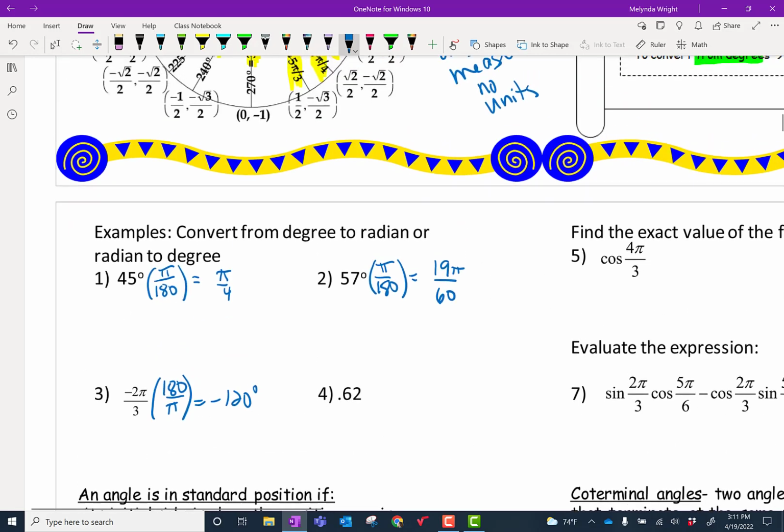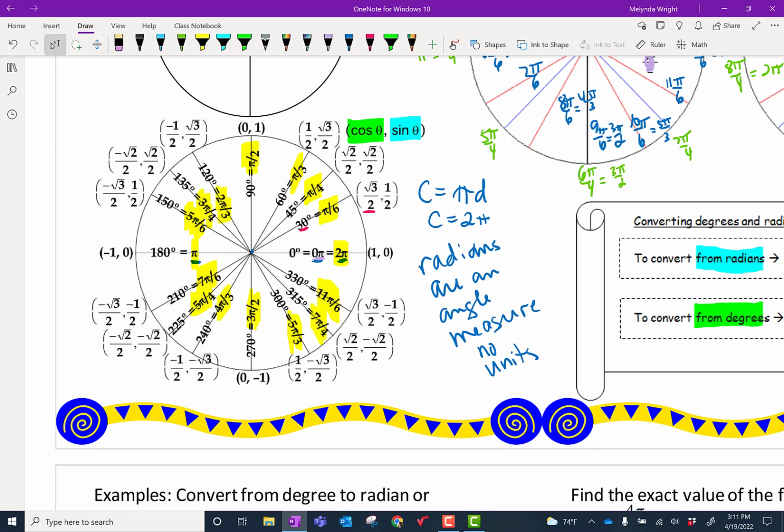Just as a little aside, if we look back over here, we know pi is 3.14. Right? So if I didn't write that as pi and I wrote it as a decimal, it would be like 3.14, whatever the rest of it is, 3.142 would be rounded to the thousandths.